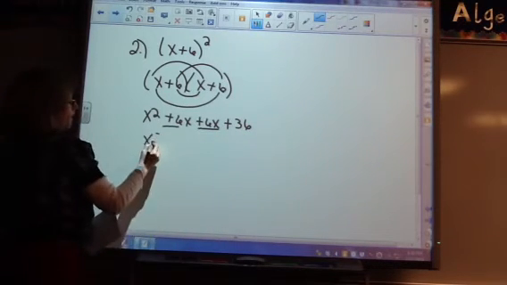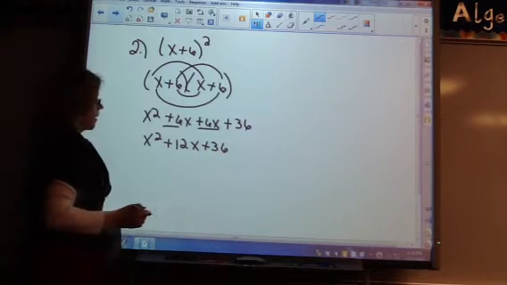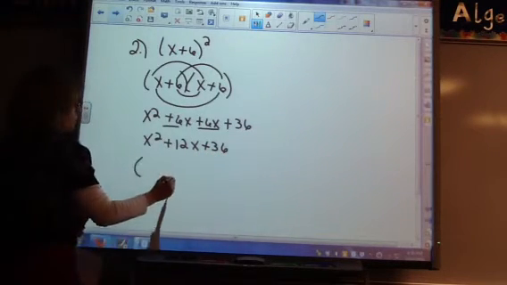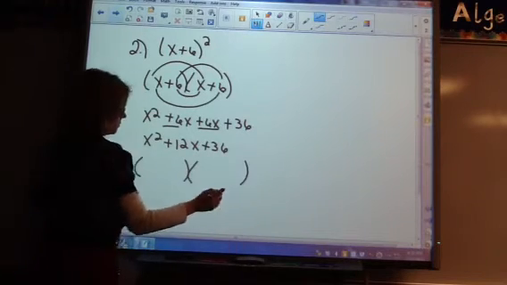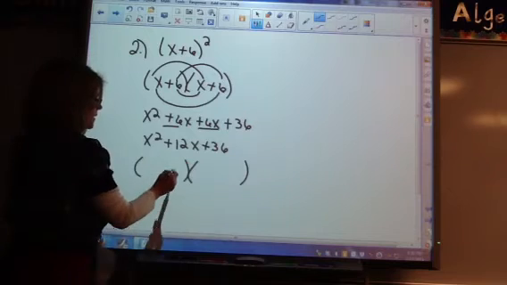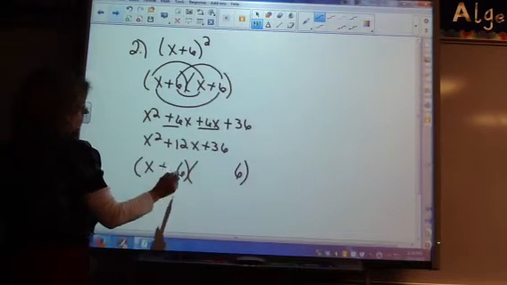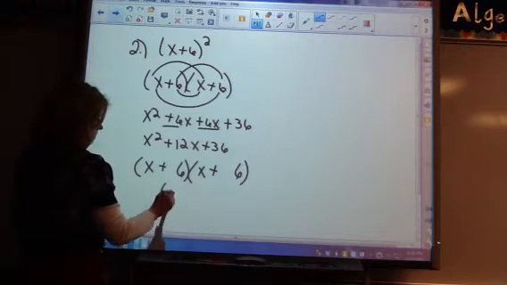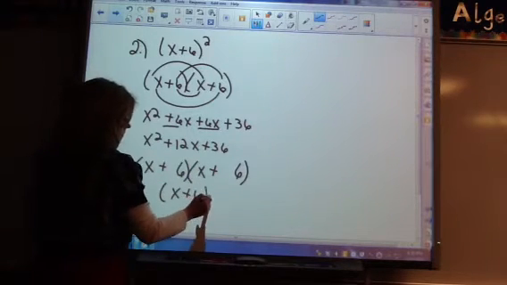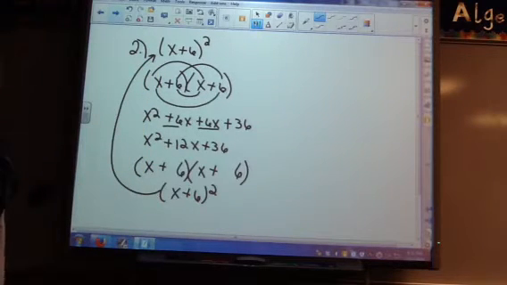Combine like terms. Okay, let's see if we can work it backwards. Okay, 36 is a perfect square, so the square root of 36 is 6. We worked it backwards.